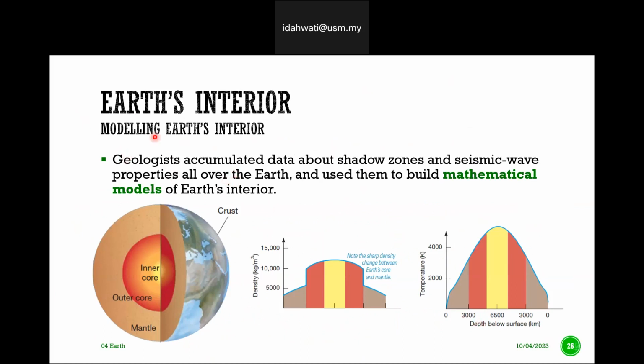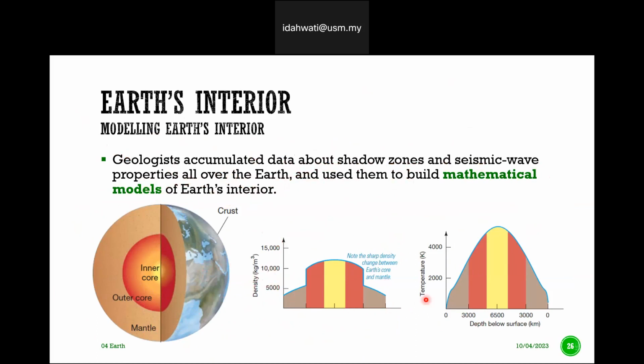Okay, for modeling Earth's interior, geologists accumulated data about shadow zones and seismic wave properties all over the Earth and used them to build mathematical models of the Earth's interior. So as we can see, we have the crust, inner core, outer core, and mantle. Let's see the graph here.